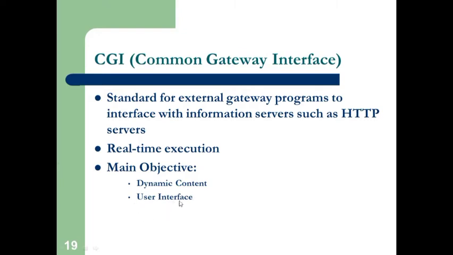And the main objective of web development is to make the user interface more user friendly, more interactive, more attractive for the user to deal with. The current version of CGI is 1.12.